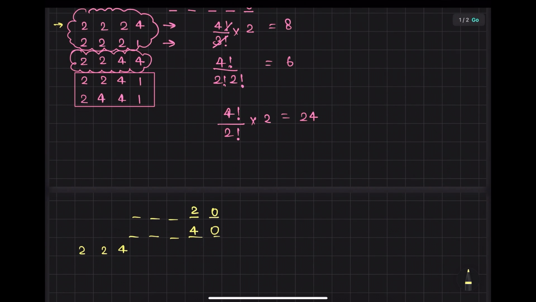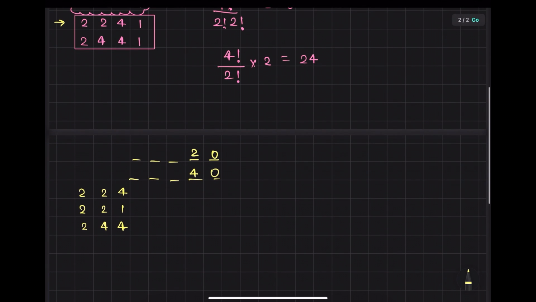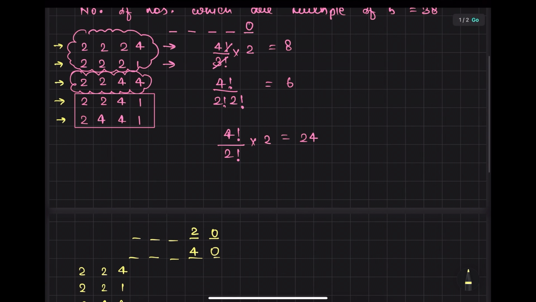The second number uses 2, 2 and 1. Third, 2, 4, 4. Then 2, 4, 1. And this one 4, 4, 1. So these are the cases when you are observing 20.